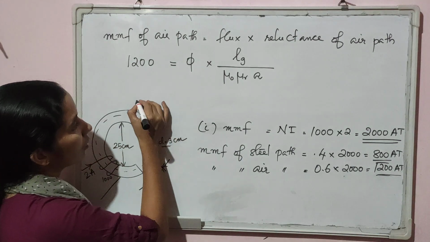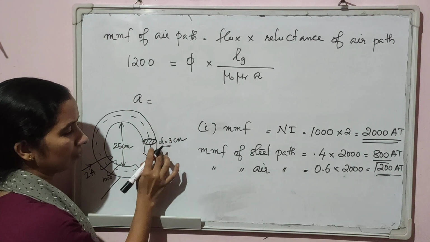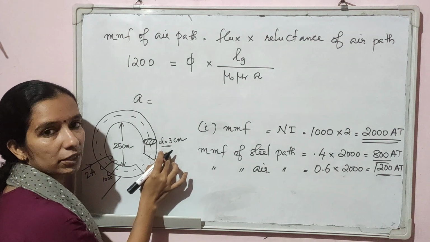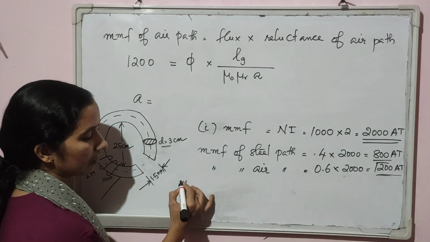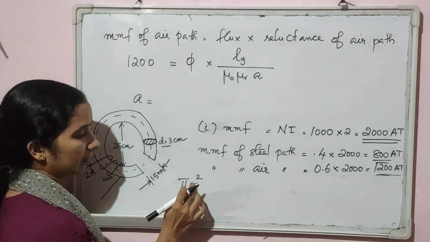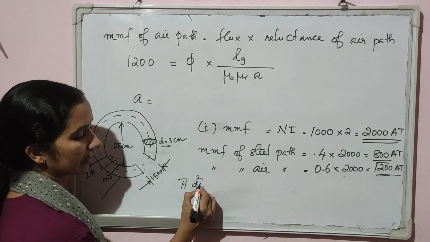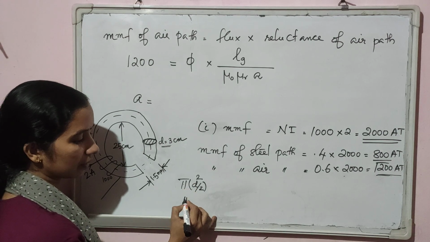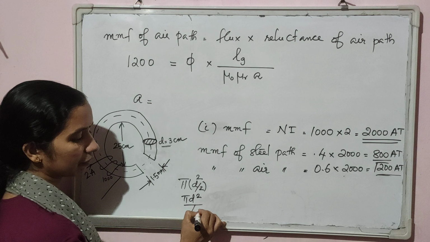Area is pi r square. We can replace r as diameter divided by 2, so pi into d by 2 the whole square is pi d square divided by 4.